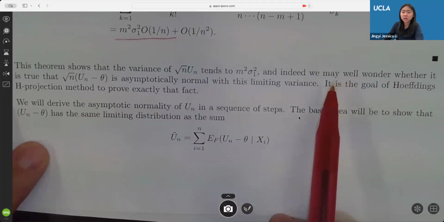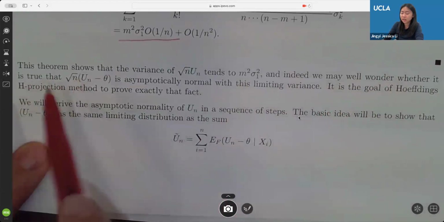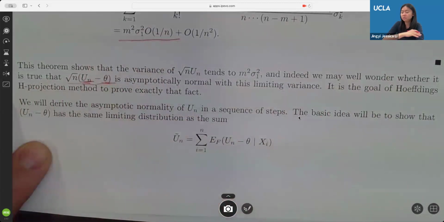And indeed, we may well wonder whether it is true that Un, as an unbiased estimator for theta, this thing, root n times Un minus theta, is asymptotically normal with limiting variance. That's the goal, to show that. It is the goal of the Hoeffding projection method to prove exactly that fact. We will derive the asymptotic normality of Un in a sequence of steps.